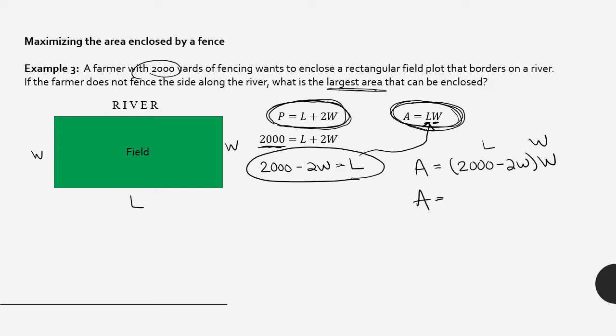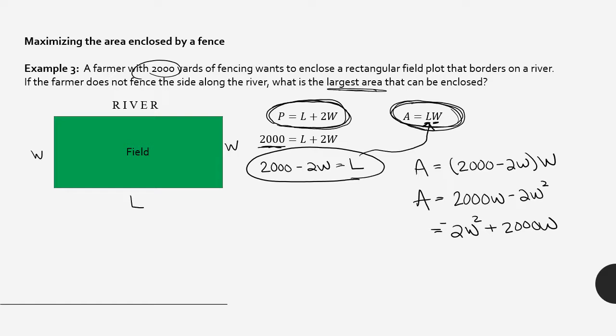Okay, distribute. So we'll get 2,000W minus 2W squared. And I'm going to write that the other way, just so the W squared is first. So negative 2W squared plus 2,000W is our area.